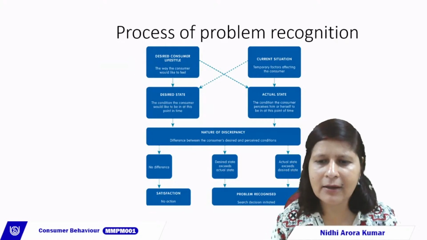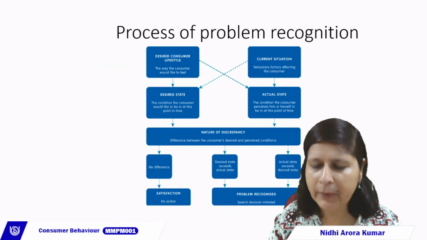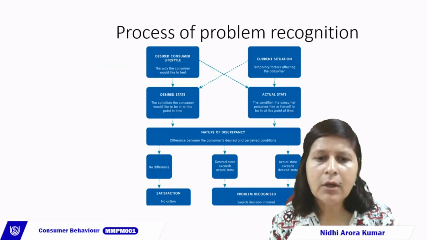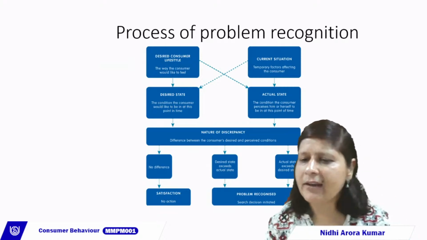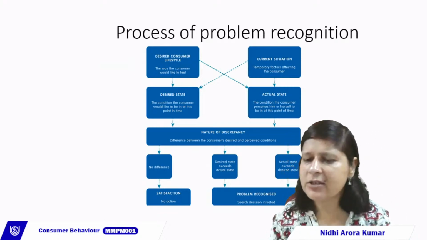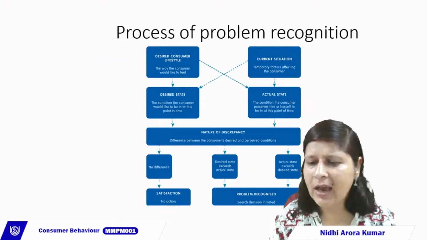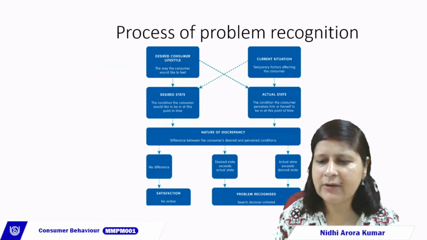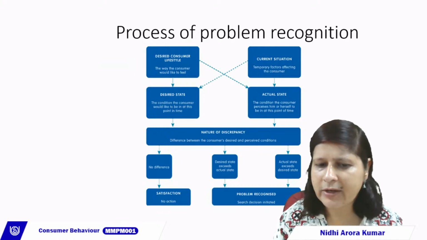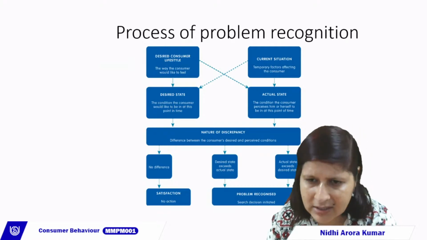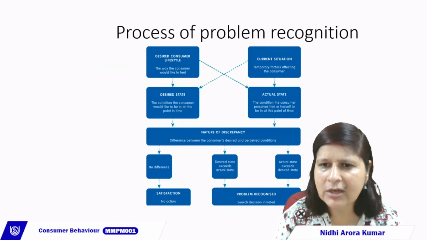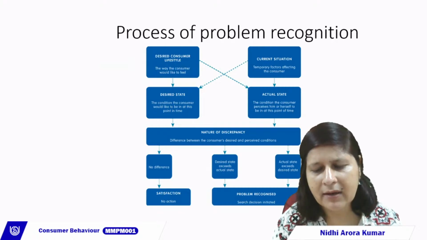It could be anything: money, the price, the product, or anything else. So the desired consumer lifestyle and the current situation lead to the actual state, the condition the consumer perceives him or herself to be in at this point. This gap between the current situation and the desired situation is the problem recognition.